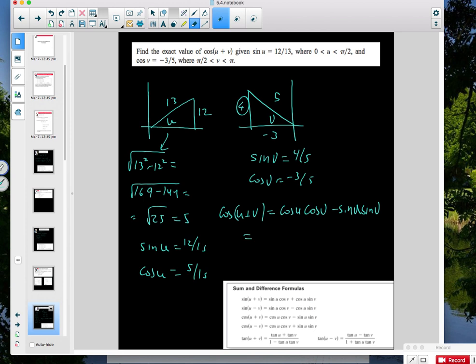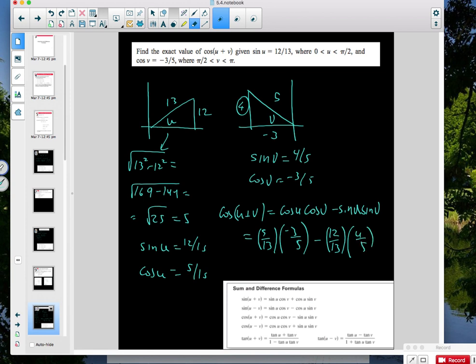Cosine of u is 5 over 13, times cosine of v, negative 3/5, minus sine of u, 12 over 13, times sine of v, 4/5.